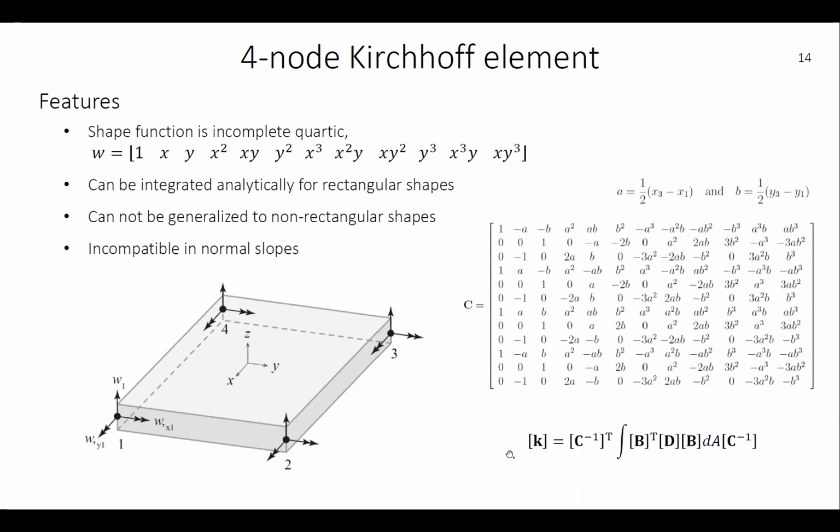The stiffness matrix here is defined as B transpose D times B, but then you have some geometric matrix defined like this. I will not go into detail about it. It is defined by these parameters A and B, which are just coordinates. I will show some examples of implementing this in MATLAB, or the results rather.